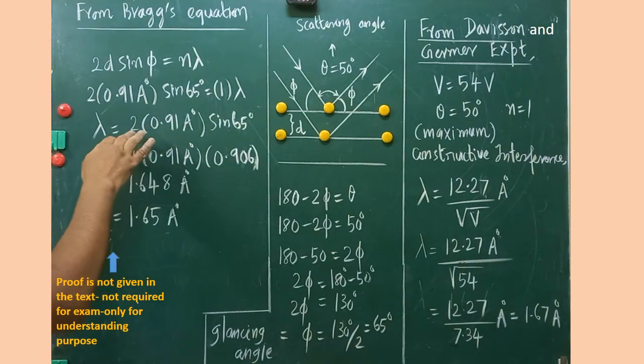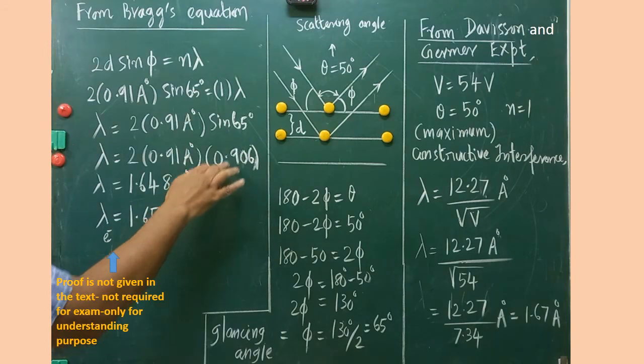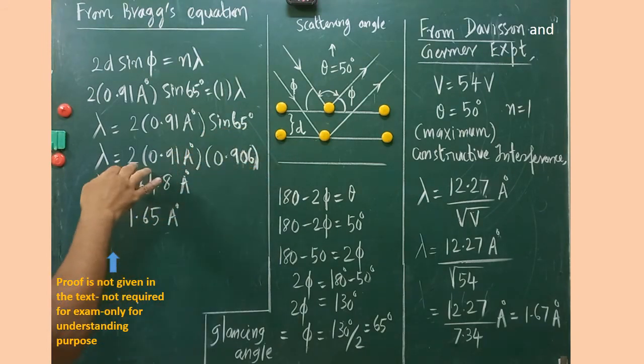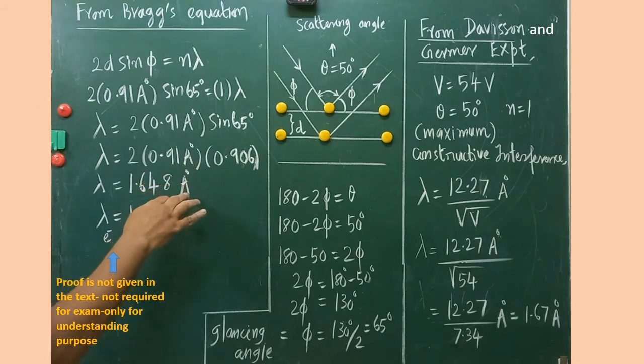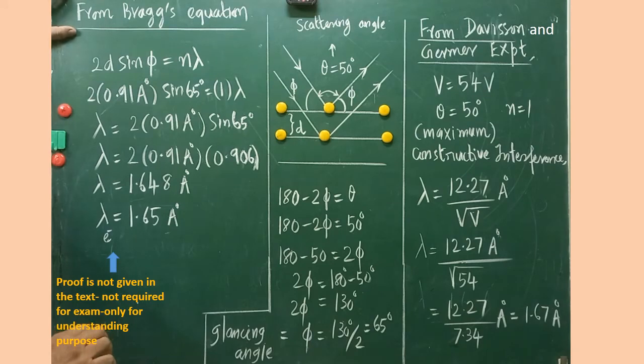Interchange the formula: 2 into 0.91 Angstrom sine 65 to be substituted. Sine 65 value is 0.906, and multiply everything. Don't convert Angstrom. So finally after calculation you will get the answer 1.65 Angstrom. So this is the de Broglie wavelength obtained from Bragg's equation. Are you clear?